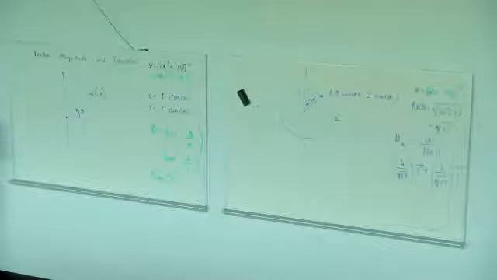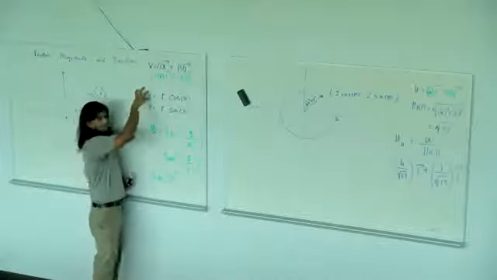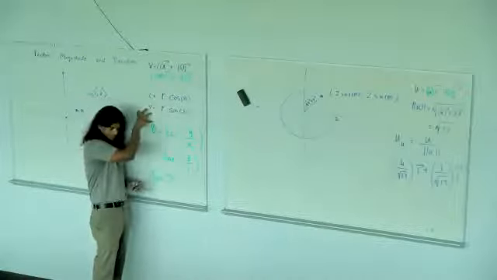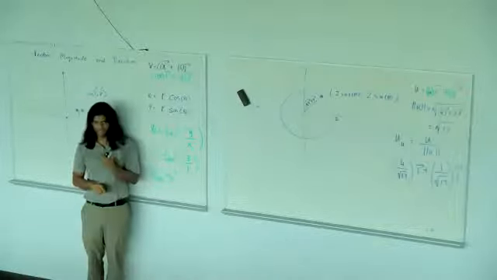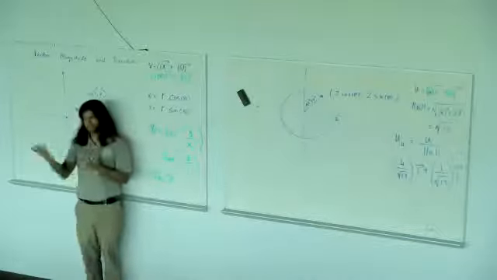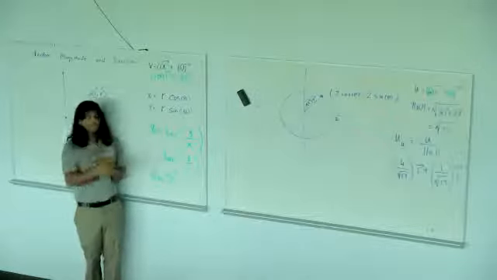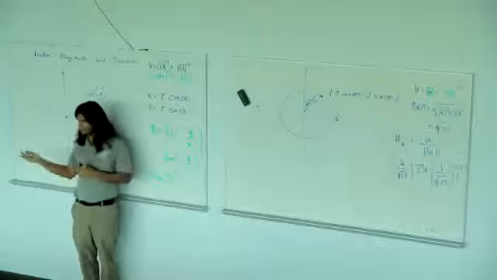All I need is to find R. If I find R, then I will have the x component and the y component, both with magnitude, and direction, which is this. How do we find R in terms of x, y?